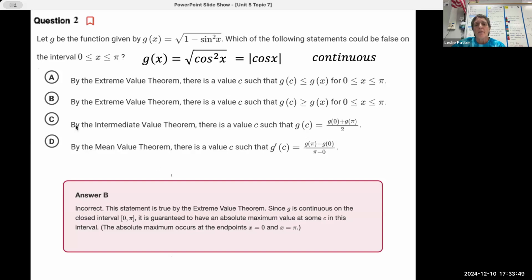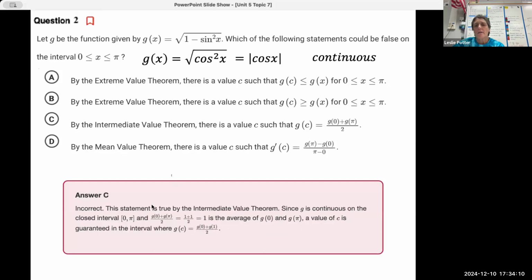So let's look at the intermediate value theorem statement. It says by the intermediate value theorem, there's a value C such that G of C equals G of 0 plus G of pi over 2. So when we take a look at this, the statement is true by the intermediate value theorem. So in other words, G is continuous, we know that.